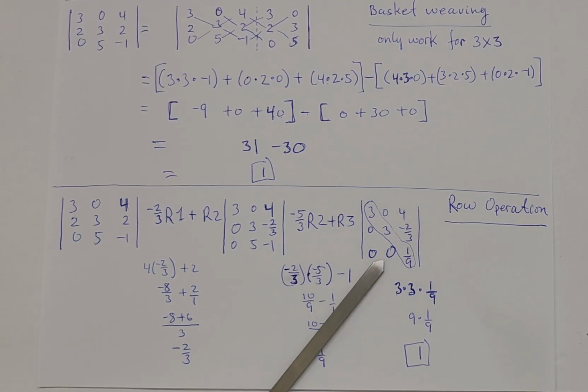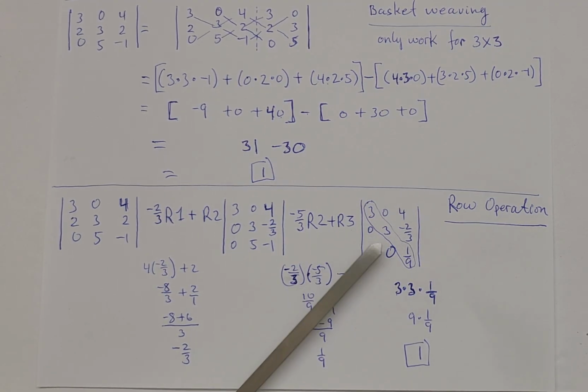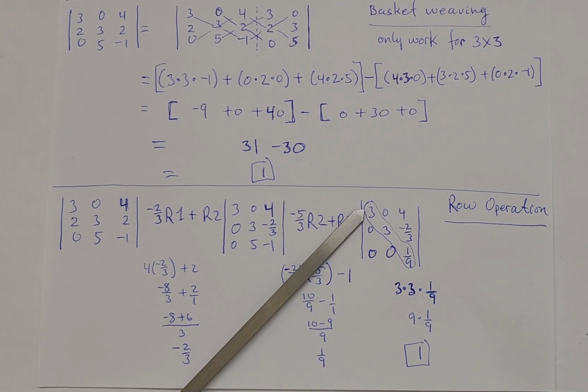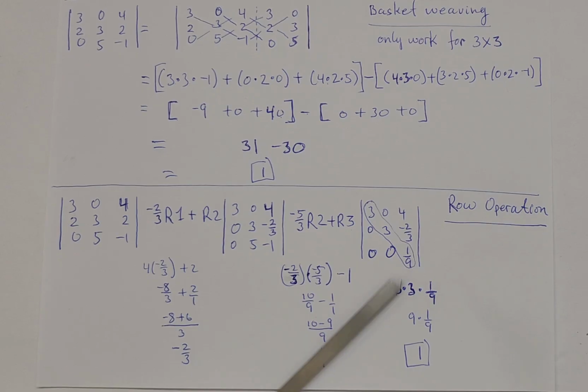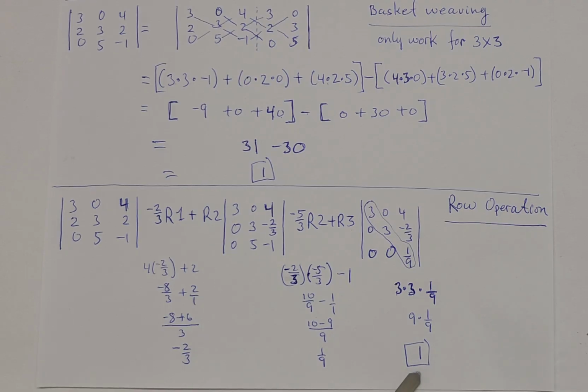Once you get to this form, do not worry about this 0, this 0, this 0. We could ignore these 3 zeros, and we're just going to multiply the diagonals. So 3 times 3 times 1/9, which I have here. So 3 times 3 gives me 9. 9 times 1/9 is also 1.